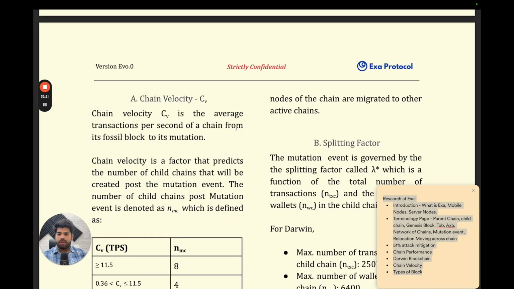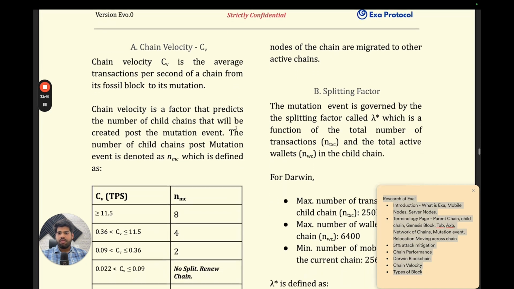Now let's talk about the concept of chain velocity. So far we were discussing the mutation event and how the chain splits after a certain point. It is governed by the chain velocity. The chain velocity is basically the average TPS of the chain from the fossil block to its mutation.